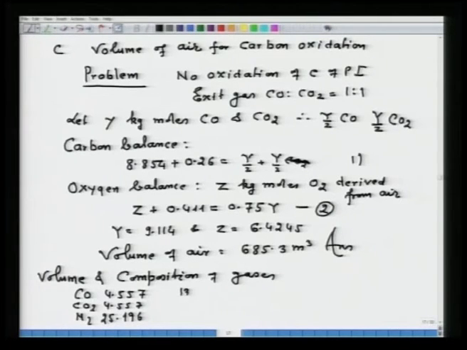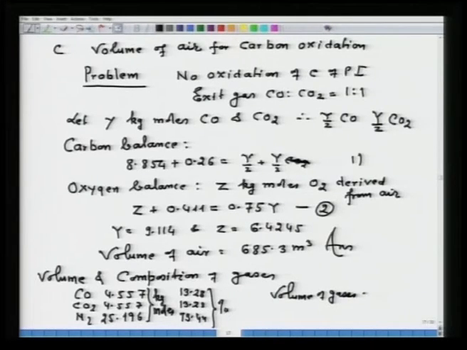So, the percentages will be 13.28, 13.28 and 73.44, where the others are in kg moles. Now, the volume of gases is easy to find out, that will be 765 meter cube.